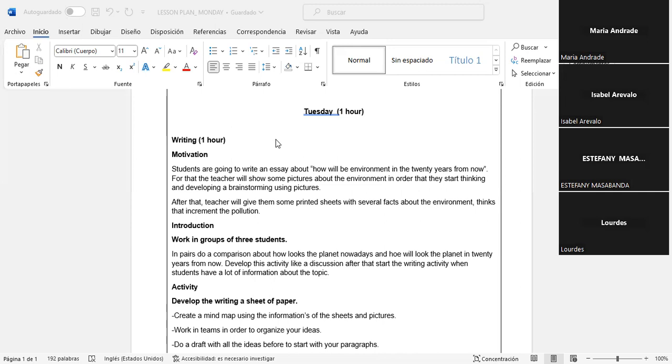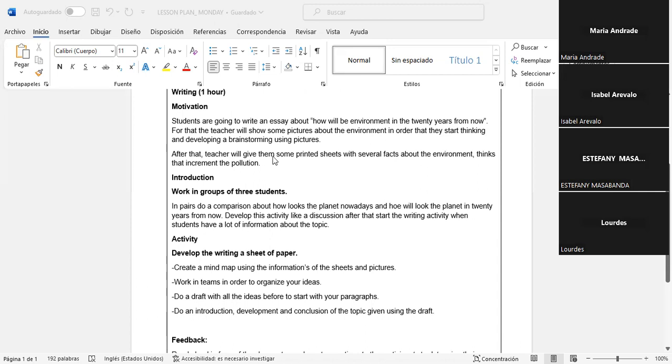In the process of the activity, first, they create a mind map or brainstorming using all the ideas. After that, they must work in teams and organize those ideas sequentially.